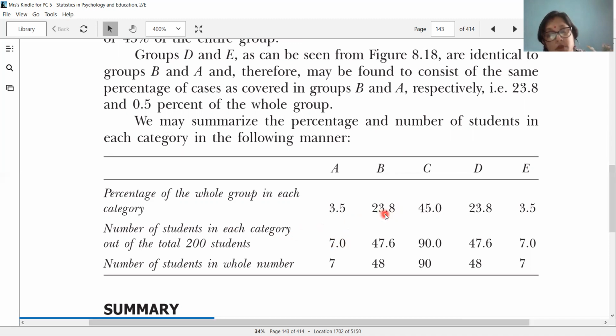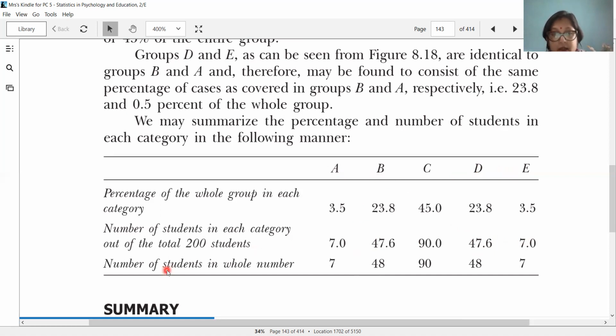Here, 23.8 divided by 100 into 200, you will get 47.6. Similarly, 90 for C, 47.6 for D. The cases for D and E will be similar to A and B. Okay, I hope you are getting this point clear.